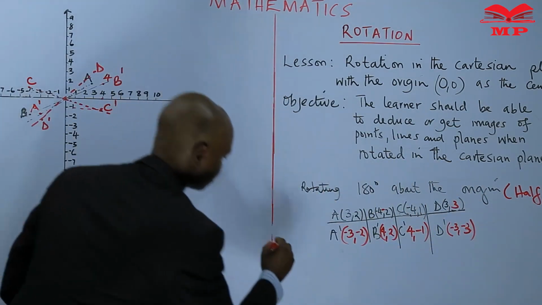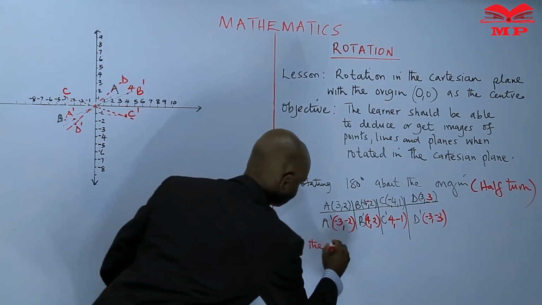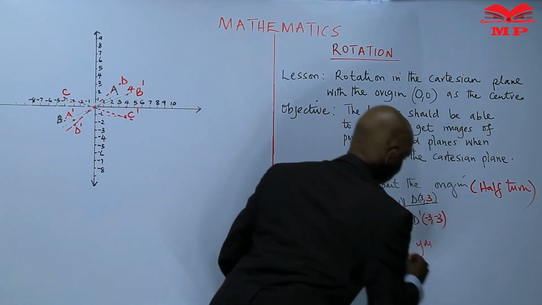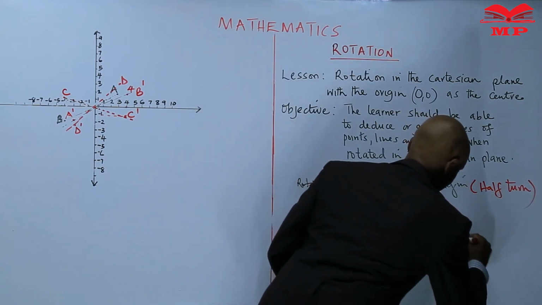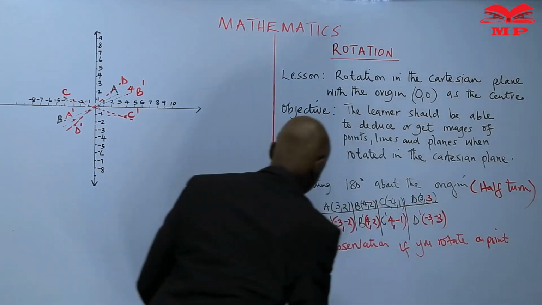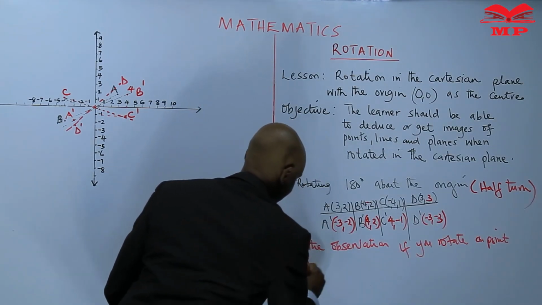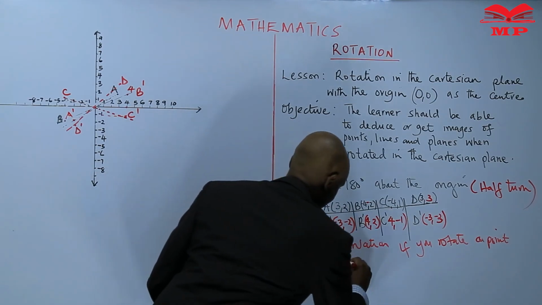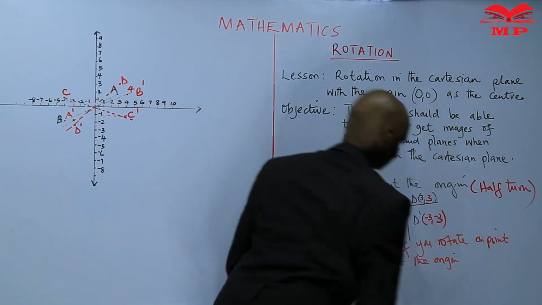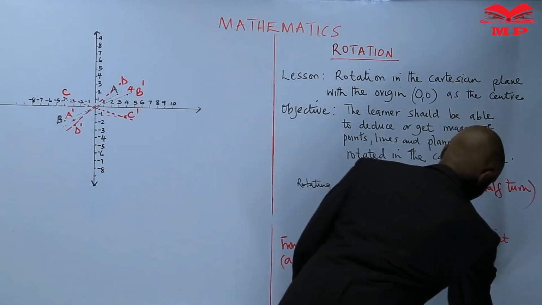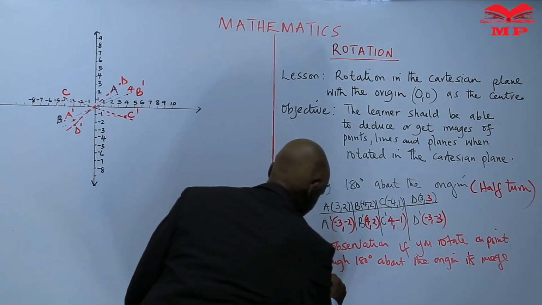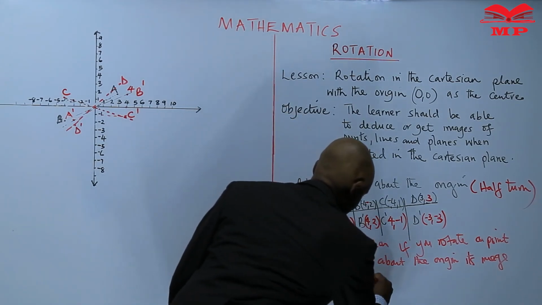So our conclusion from the observation: if you rotate a point (A, B) through 180 degrees about the origin, its image will be (-A, -B).